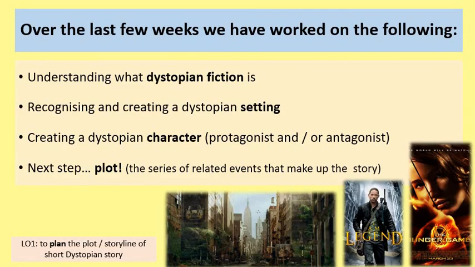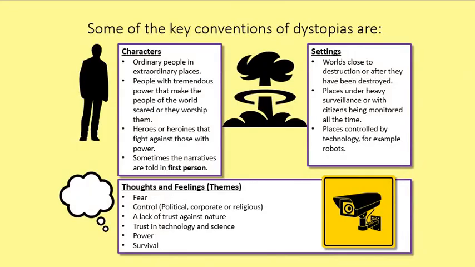We've recognised, and hopefully we've recognised, what a dystopian setting is. There are certain conventions and features of a novel in this way. So we looked at the characters, didn't we? Ordinary people, not extraordinary places, people with tremendous power, heroes or heroines that fight against those with power. Sometimes the narratives are told in first person.